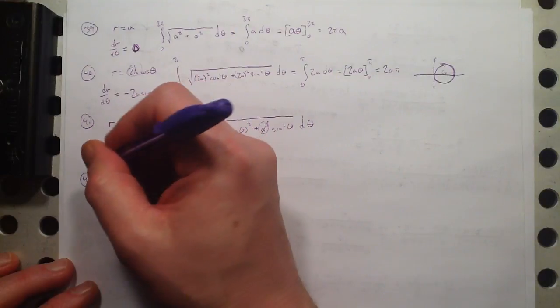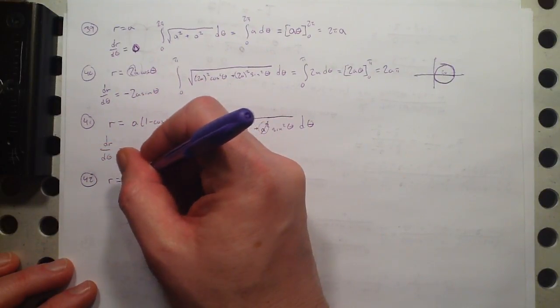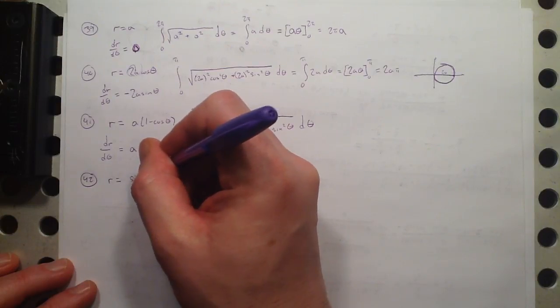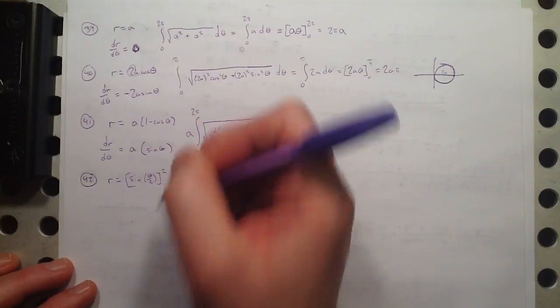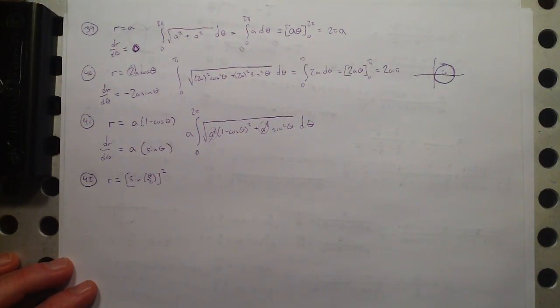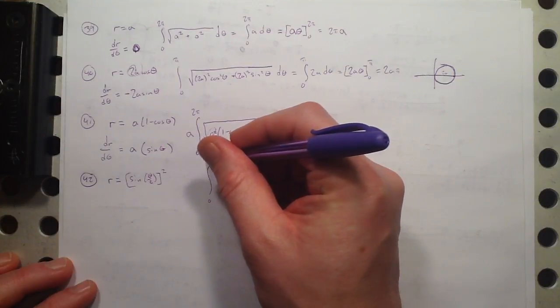42. R equals sine squared of theta over 2. I'm going to write it like this because I'm taking the derivative from theta equals 0 to pi.